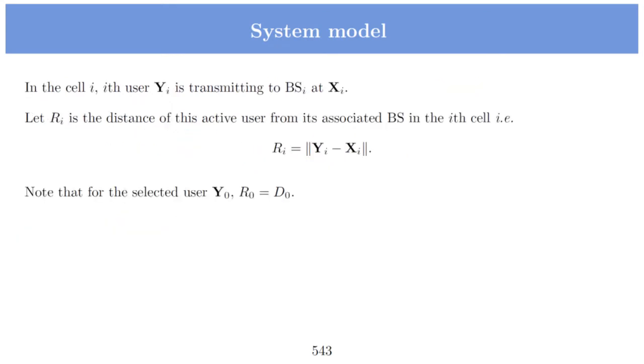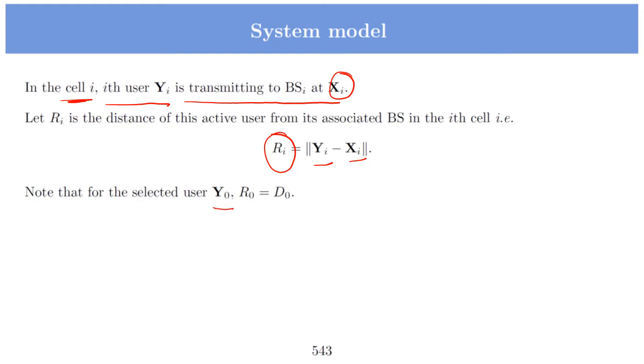So in the ith cell, the ith user Yi is transmitting to its associated base station, which is located at Xn. So the distance between the ith base station and the ith user is denoted by Ri. Now why do we need this distance? That will be clear in a few moments.